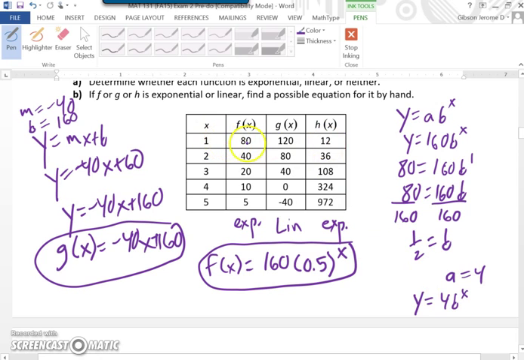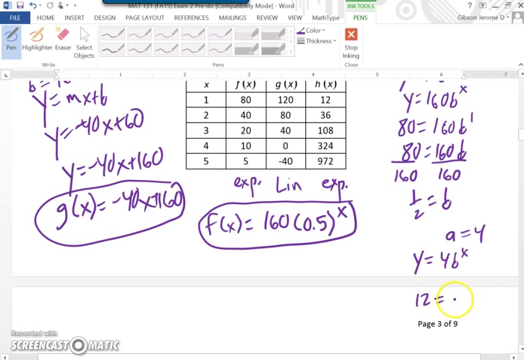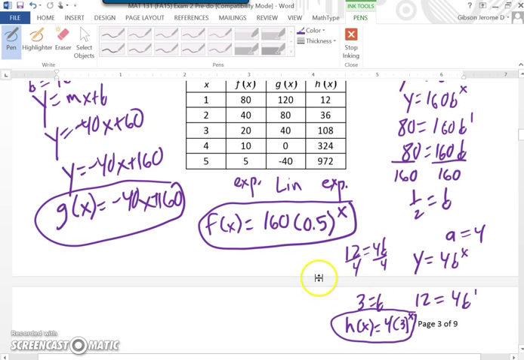Now I would use 1 and 12 to substitute in. So we have 12 is equal to 4b to the first, which gives us 12 is equal to 4b. Divide each side by 4, and 3 is equal to b. So our final answer is h of x is equal to 4 times 3 to the x. So these are our 3 formulas.